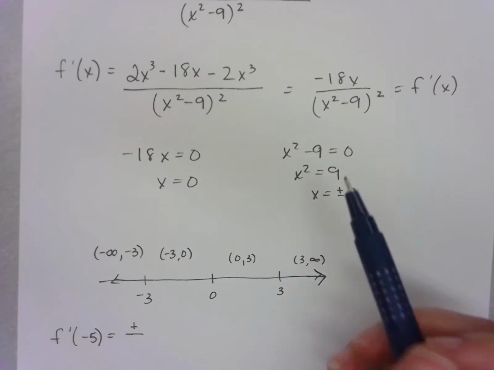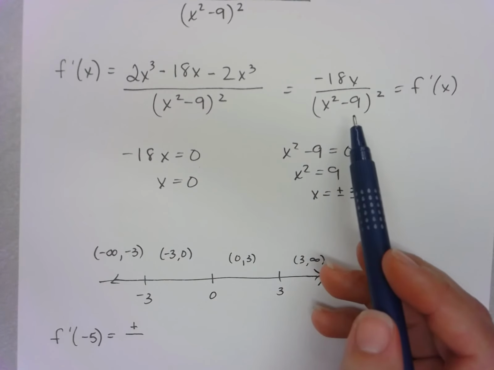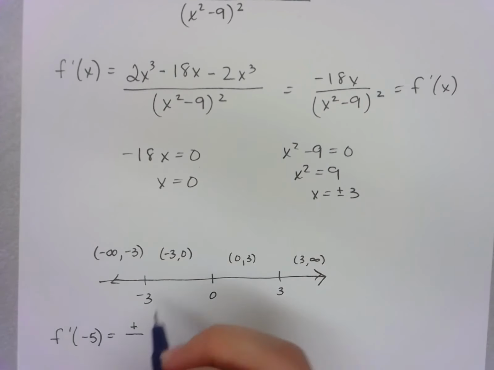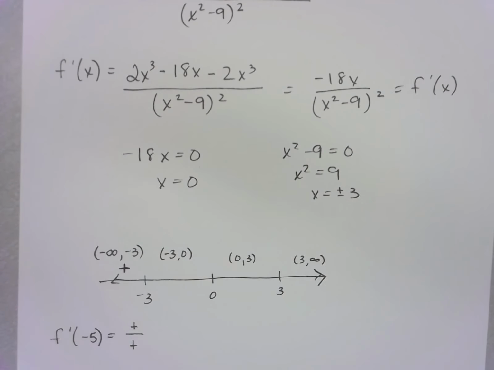I plug in negative 5 down here and I get 25 minus 9, and then I square it, so it'll definitely be positive. So this is positive in this interval. So I have found in between negative infinity and negative 3, I can see that my function f is increasing.